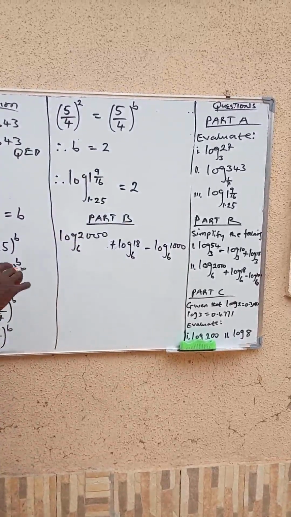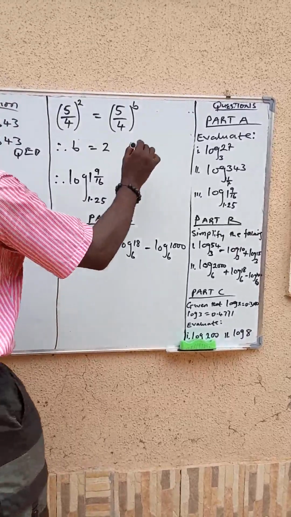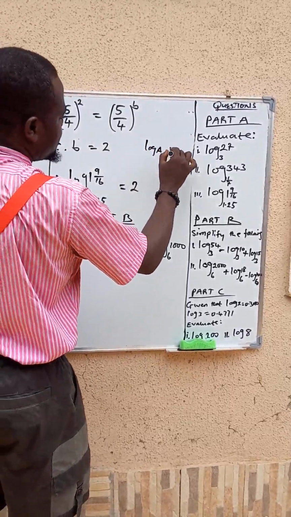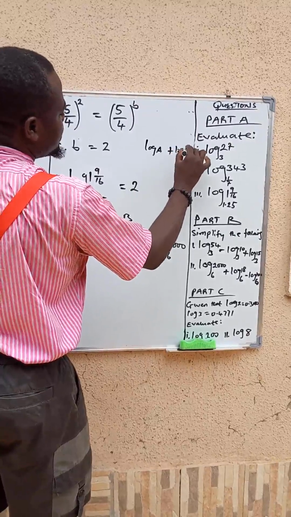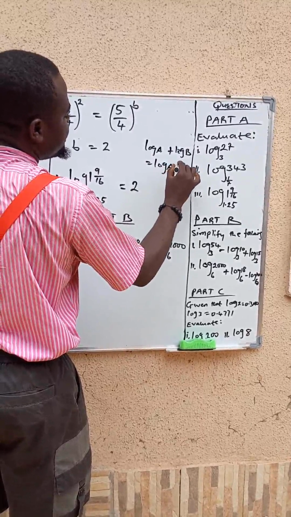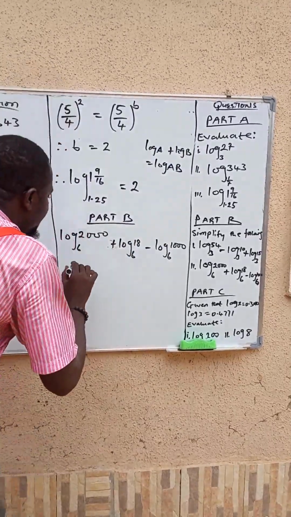Now in this case, if they say you should simplify, what you do in logarithm, we say that log A plus log B is the same thing as log AB, that's A times B. Now we apply the same thing here.